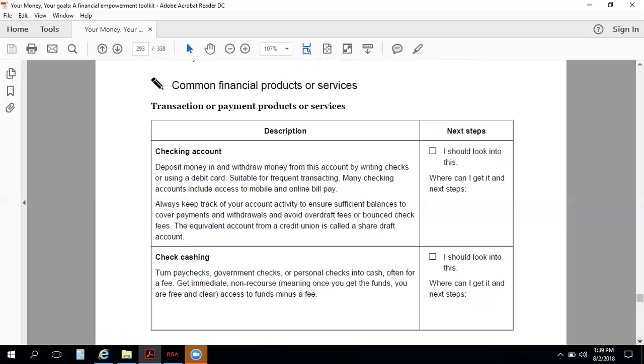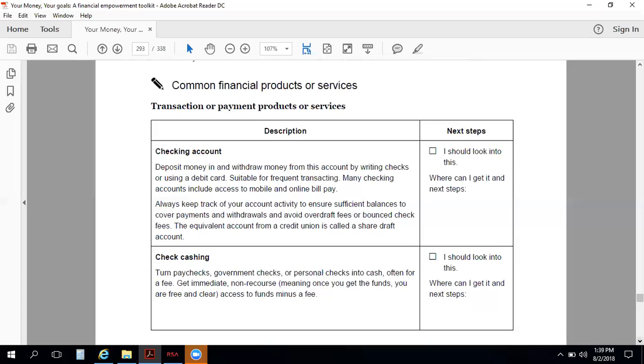So in terms of a checking account, deposit money and withdraw money from this account by writing checks or using a debit card, suitable for frequent transactions. Many checking accounts include access to mobile and online bill pay. Keep track of your account activity to ensure sufficient balances to cover overdraft fees and whatever else.